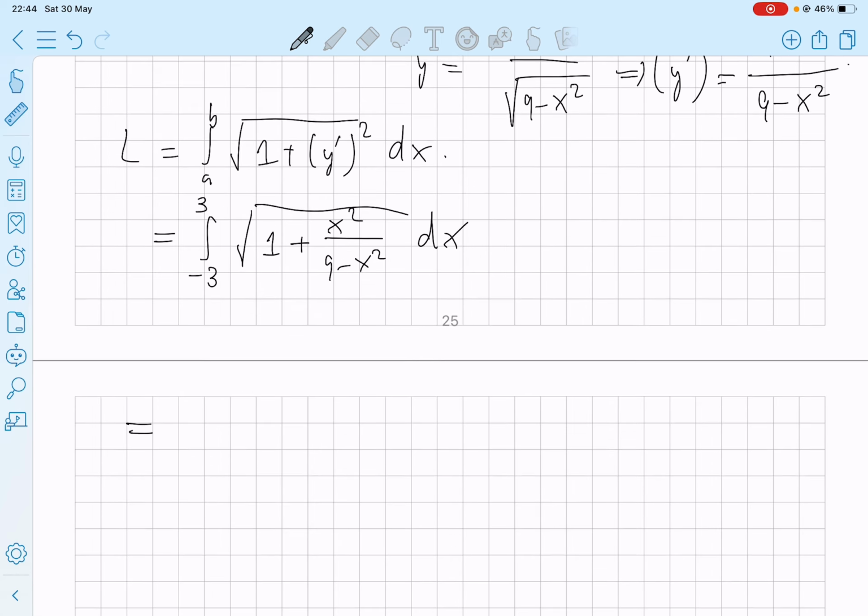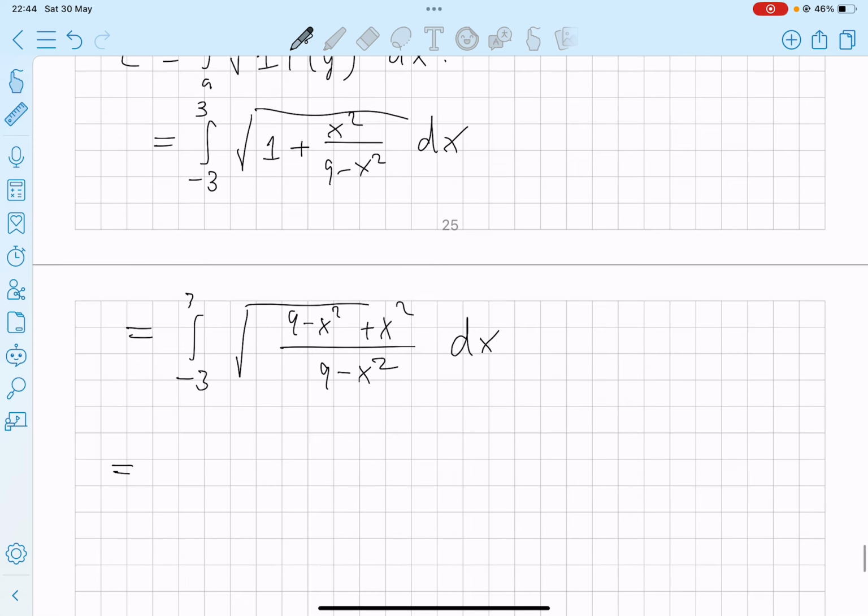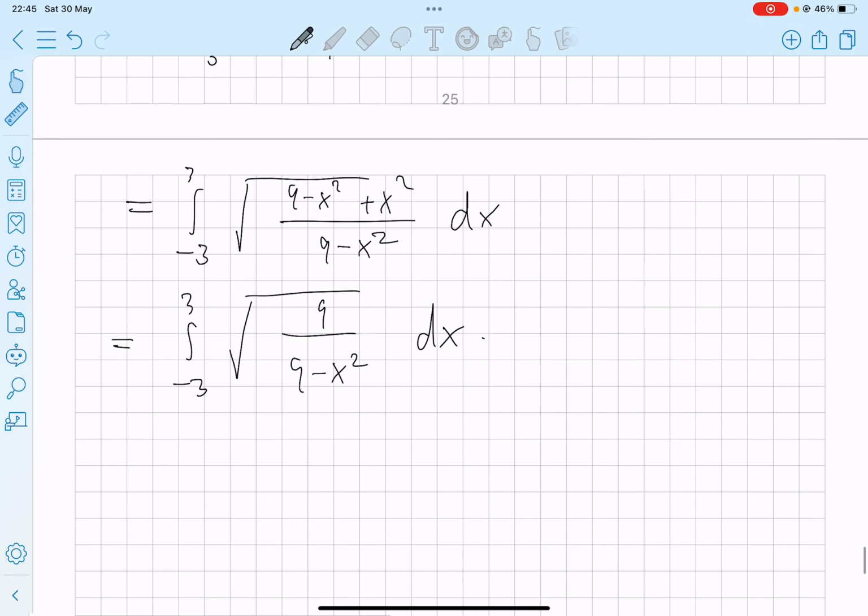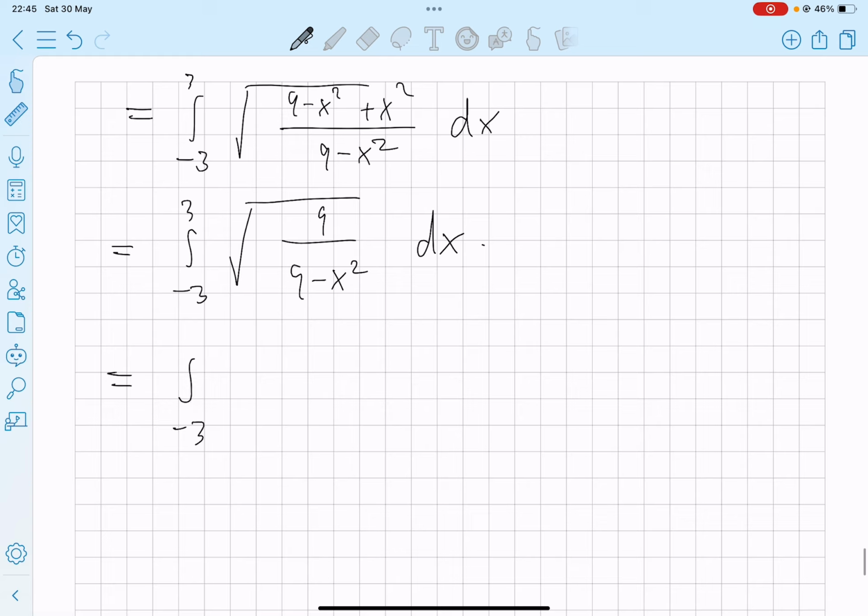Then we evaluate this definite integral. Combining, we have (9 minus x squared plus x squared) over (9 minus x squared) dx. So we have the integral of 9 over 9 minus x squared dx, and this is equal to the integral of 3 over the square root of 9 minus x squared dx.